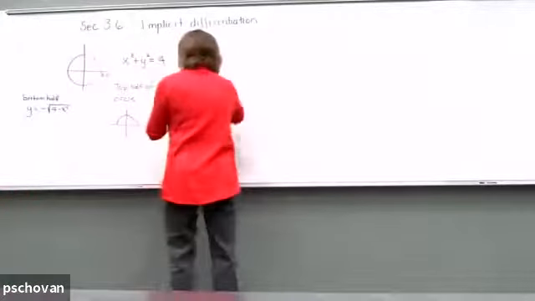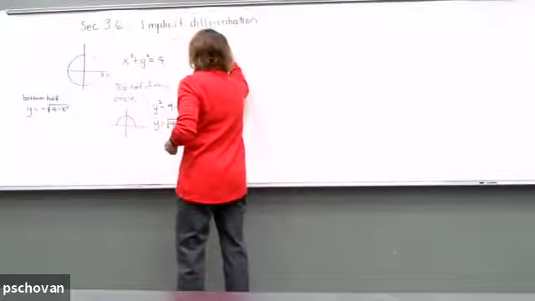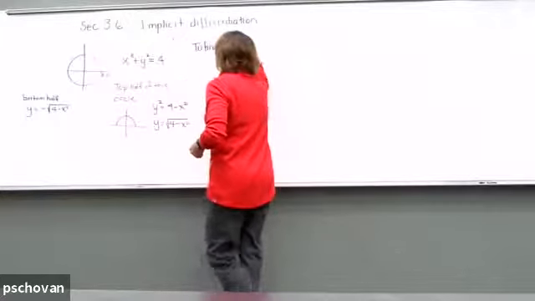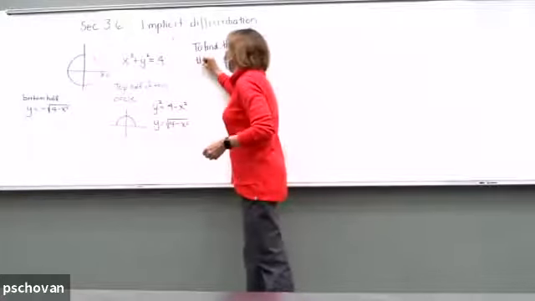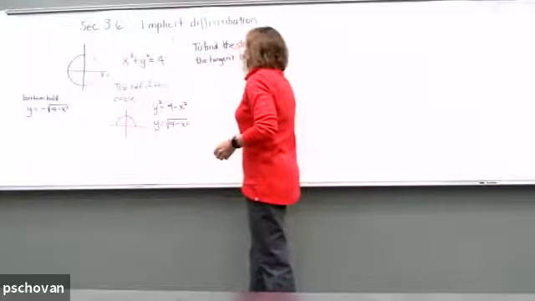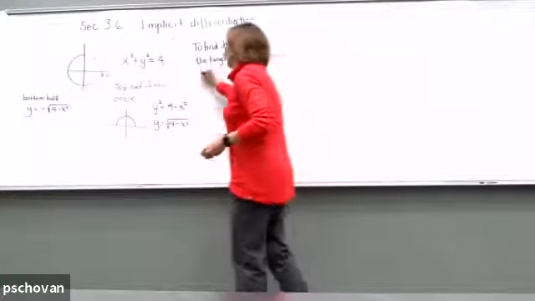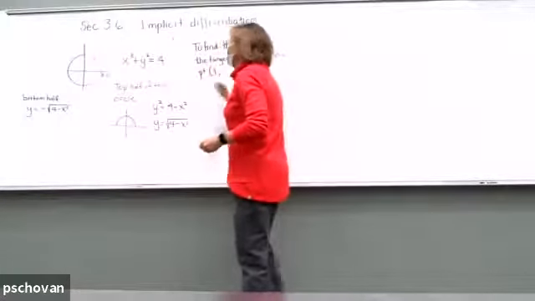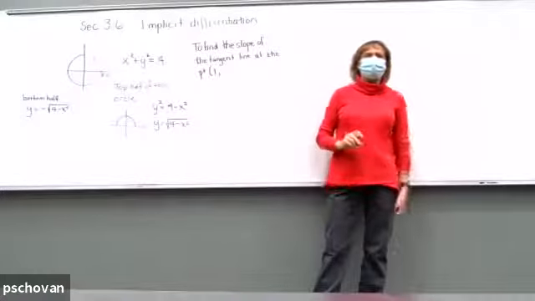So to find the slope of the tangent line at the point on the top half of the circle, if x is 1, can anybody tell me what y is?